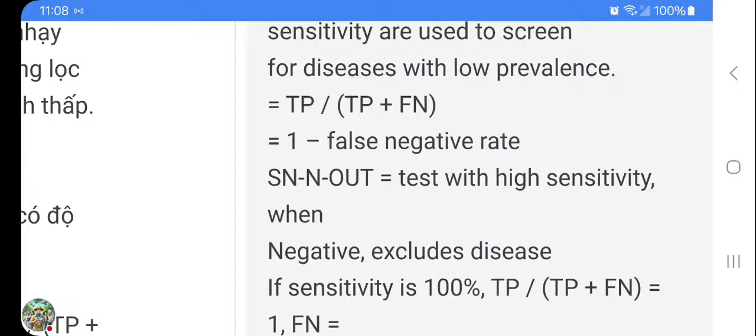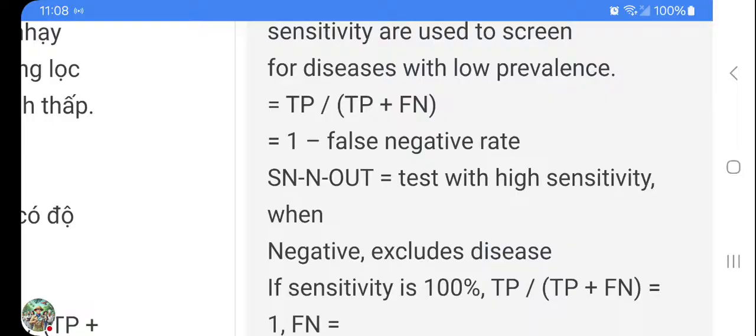So what is a true positive? The patient has disease A or B or C, something like that, and the test comes up with a positive result. That means it diagnosed correctly: the test is positive for disease A. But what is a false negative?